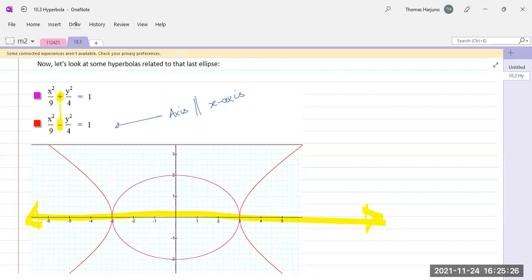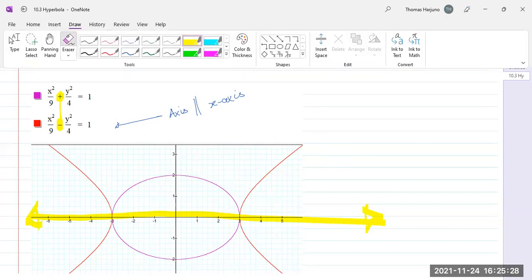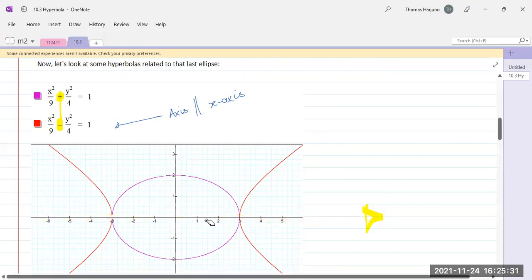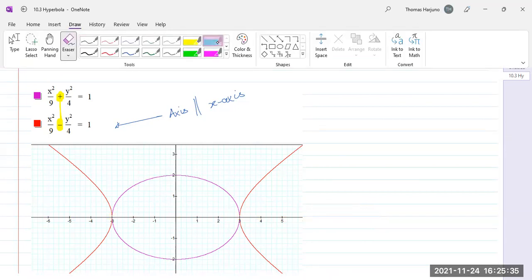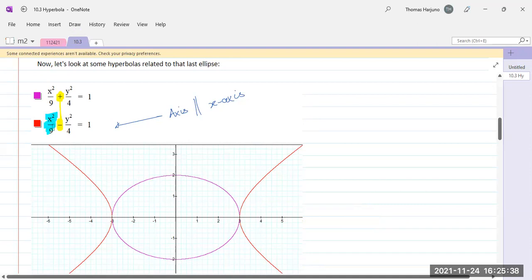Now, how do we know later on if the hyperbola is parallel to the x-axis or y-axis? We will look at the first term.